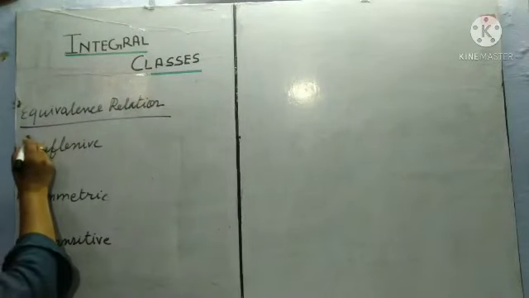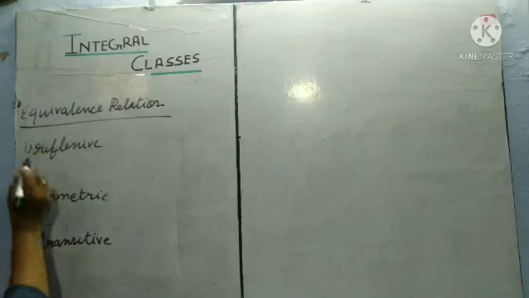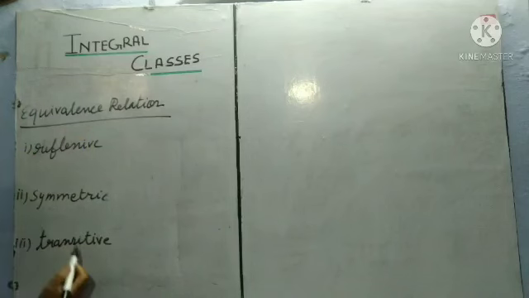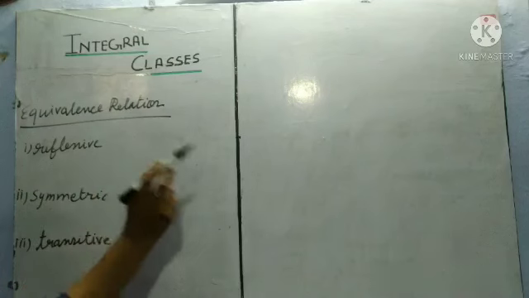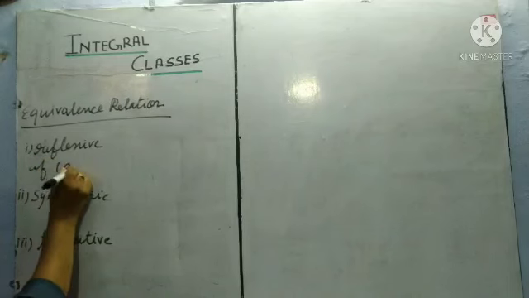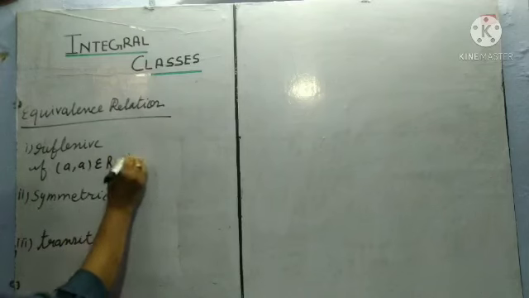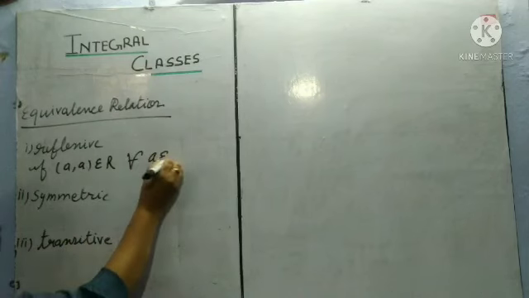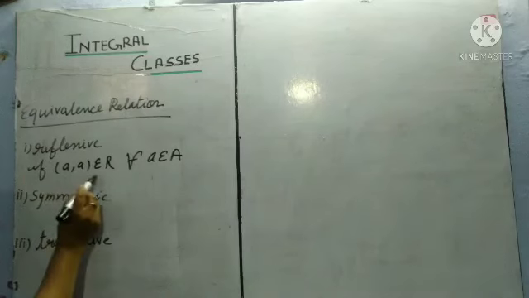The most important relation is the equivalence relation. A relation is called an equivalence relation when it is reflexive, symmetric and transitive. First, let R be a relation in a set A. If (a, a) is an element of R for all a in A, this kind of relation is called reflexive.